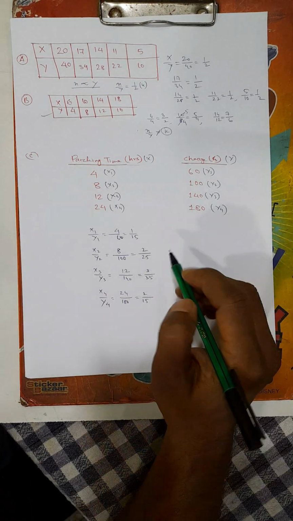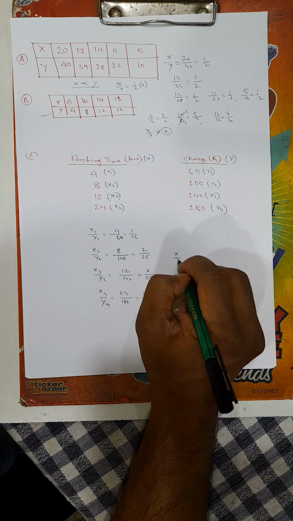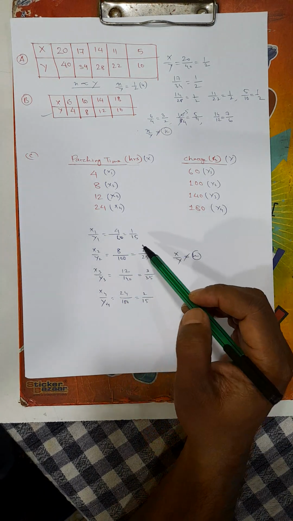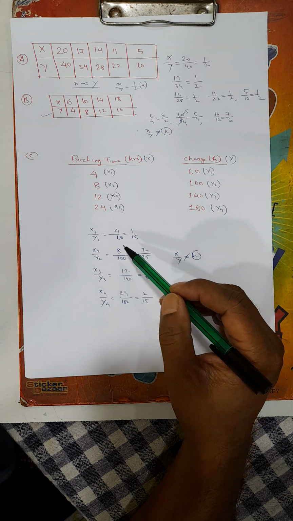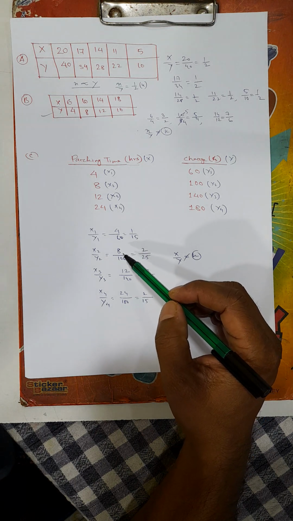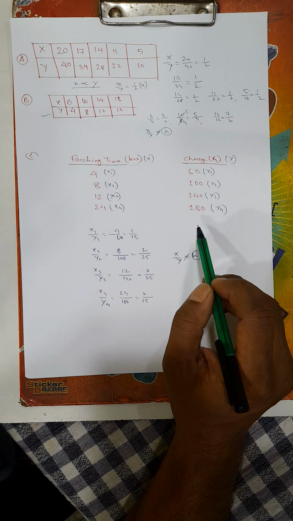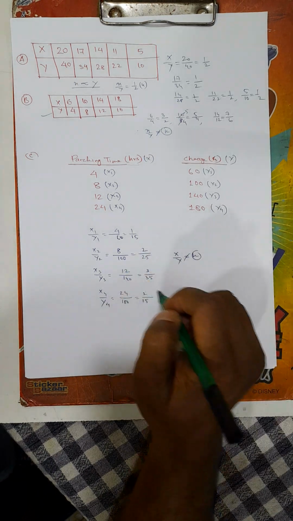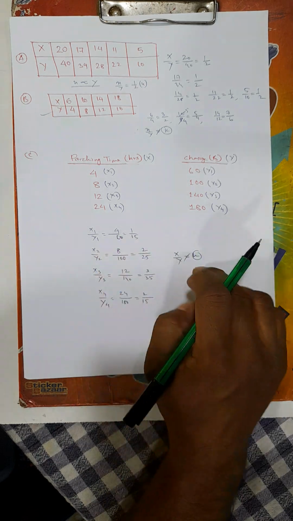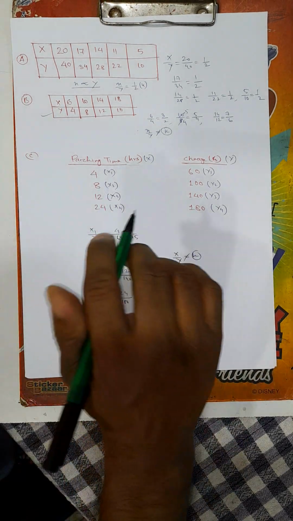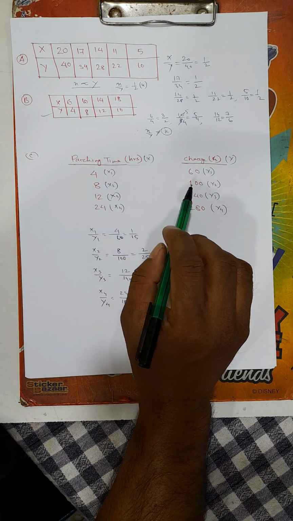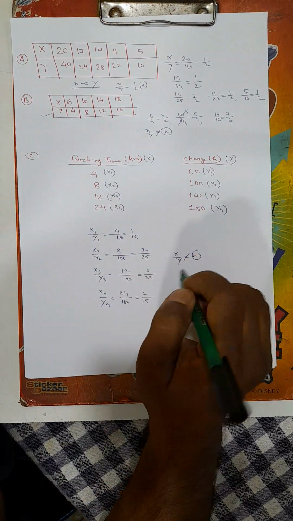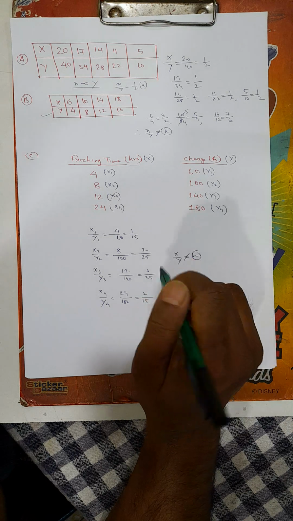Now see, x by y is not equal to k. It is not a constant. That means for the change of x and the corresponding changes in y, the ratio is not the same everywhere. So x by y is not constant, so we can say that parking time and parking charge are not directly proportional.